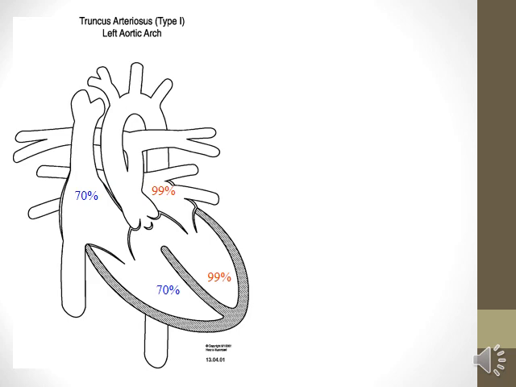In truncus arteriosus type 1 with left aortic arch, we can see the oxygen saturation around 70% on the right side of the heart, and it is around 99% in the left side of the heart.